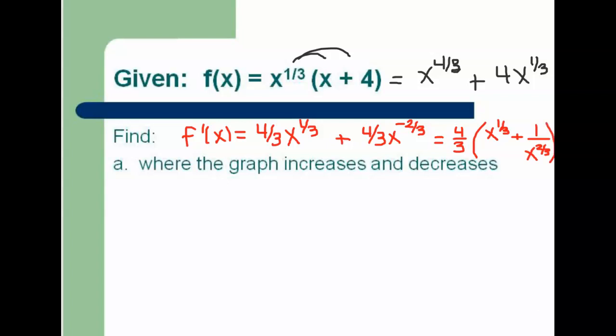And again, I really like common denominators, so what I'm going to do is multiply by x to the 2/3 on both sides. So I get f prime of x equals 4/3 times x, because 1/3 plus 2/3 is 1, plus 1, all over x to the 2/3.